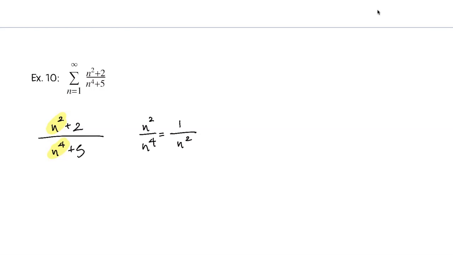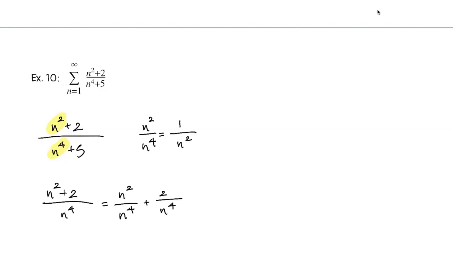So if I ignore the 5, I'm gonna get n squared plus 2 over n to the 4, right? So I've just kind of dropped the 5 here. Now, what that allows me to do is split this into n squared over n to the 4th plus 2 over n to the 4th, right?